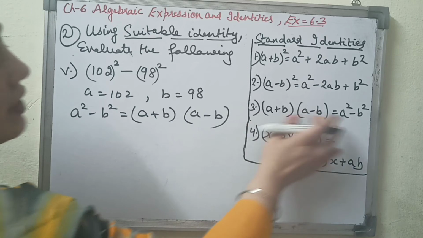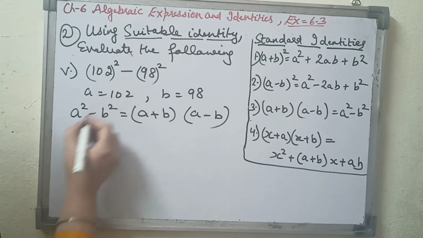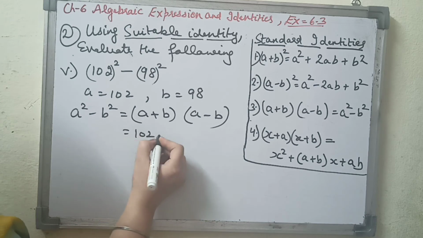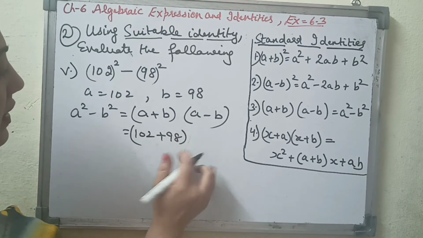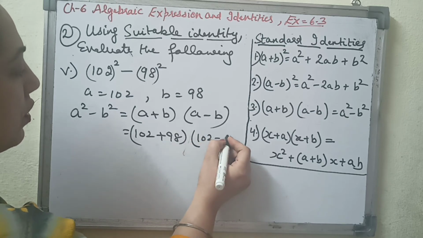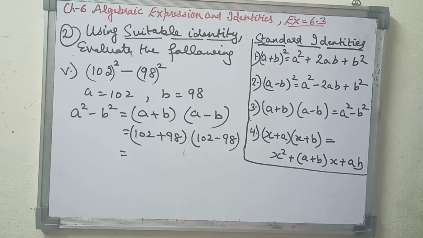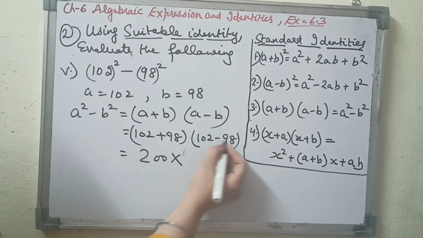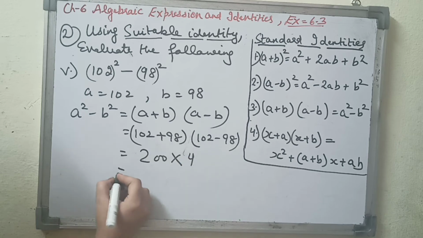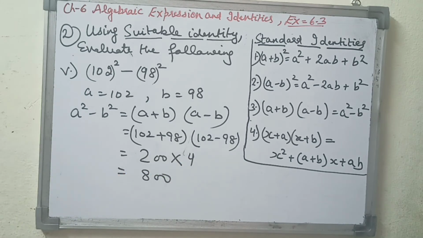You can write this identity both ways. Now put down the values: 102 plus 98 in the first bracket, and in the second bracket 102 minus 98. 102 plus 98 is 200, and 102 minus 98 is 4.